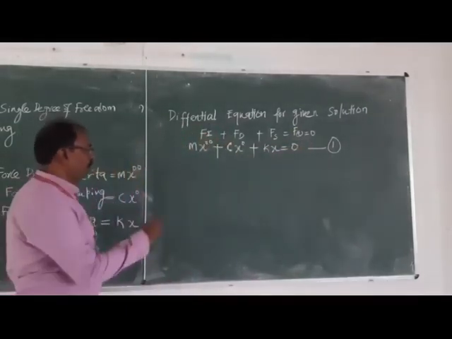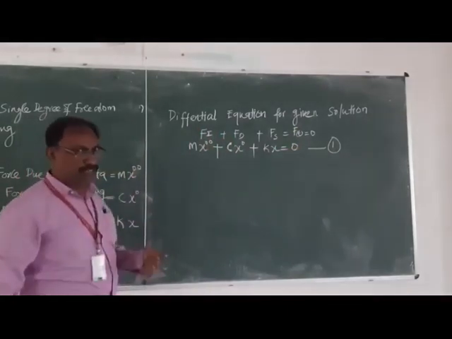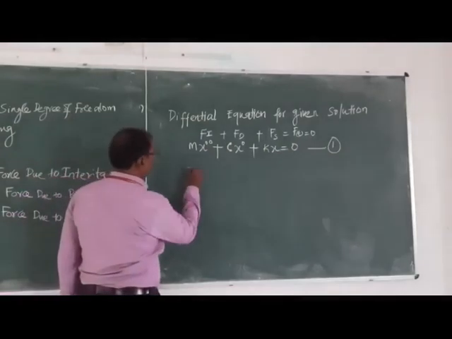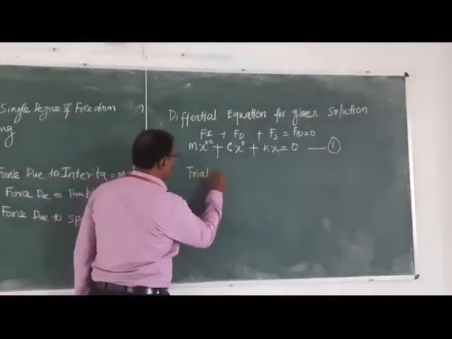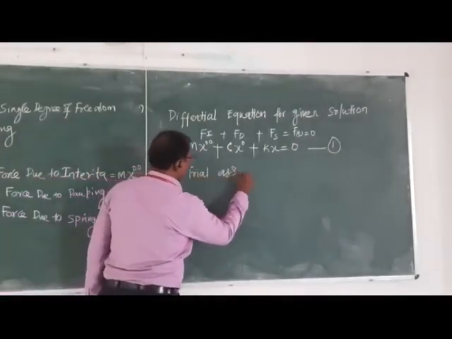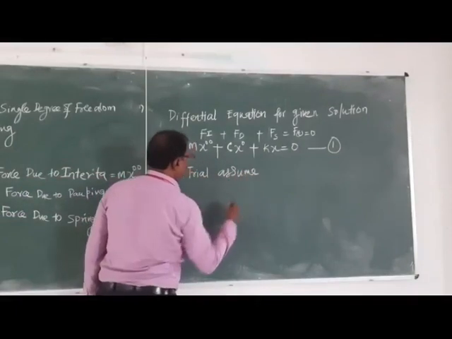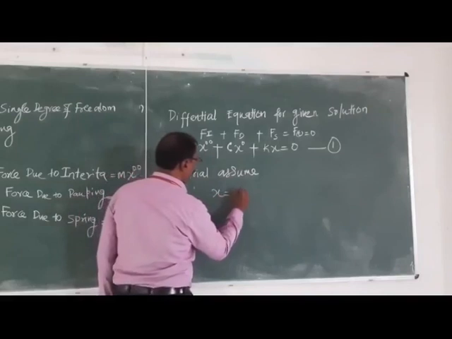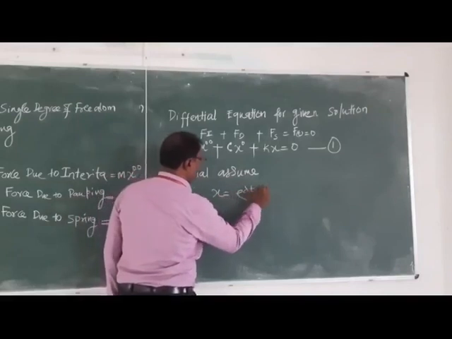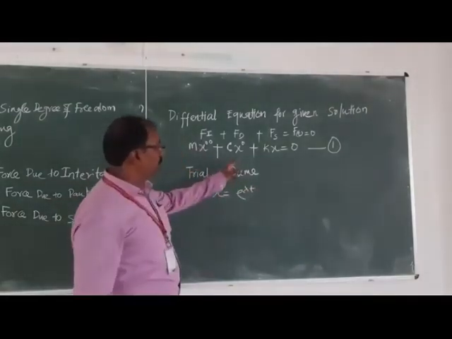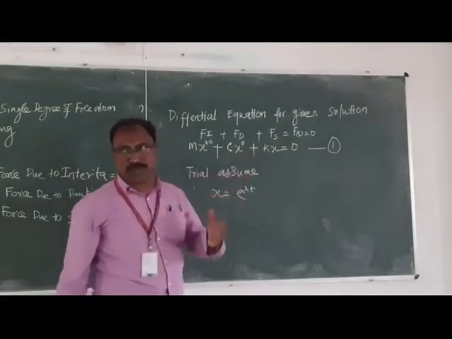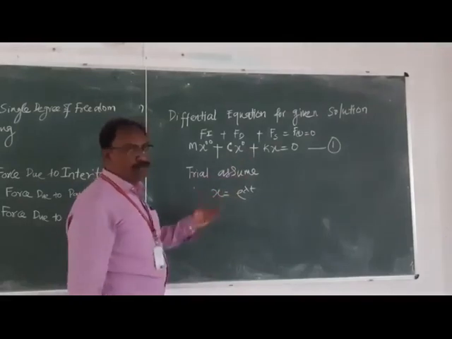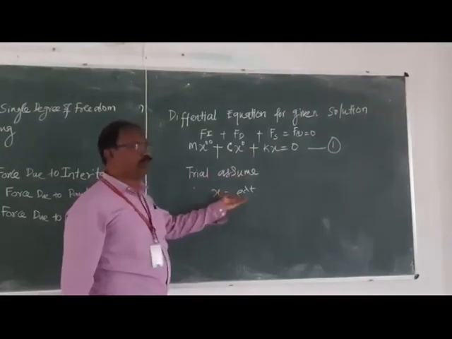Now, we cannot solve this equation directly, so we have to try a solution. Assume x equal to e power lambda t. For solving this equation, we have to assume some constant. I am assuming x equal to e power lambda t.